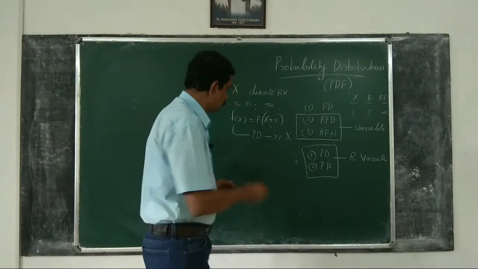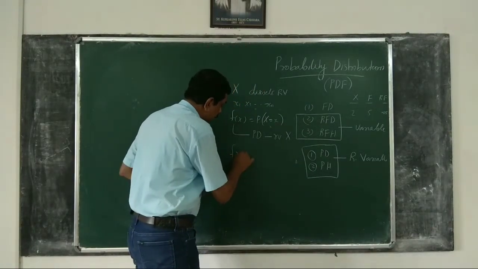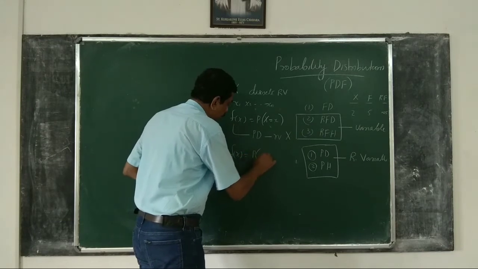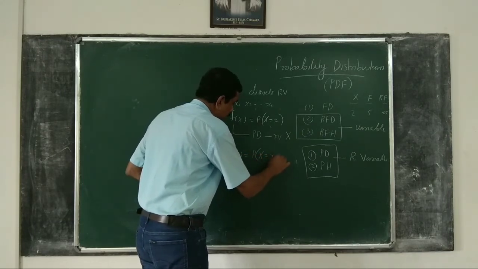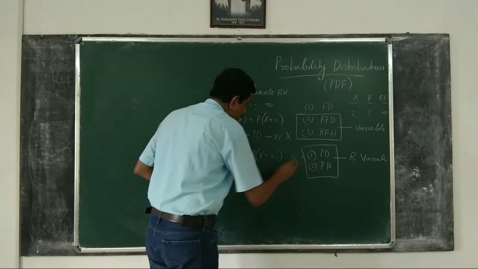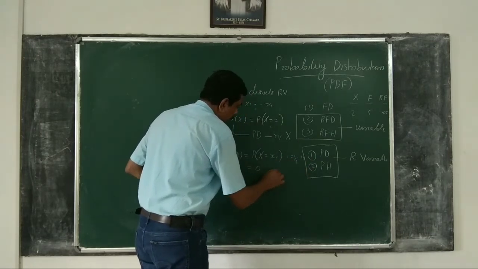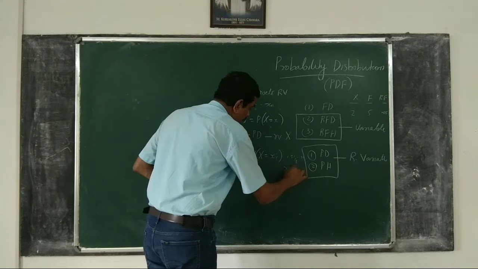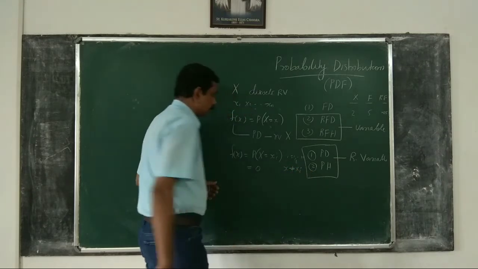More formally, f(x) is the probability that X is equal to xi, i equals 1 to n, and equal to 0 if x is not equal to xi.